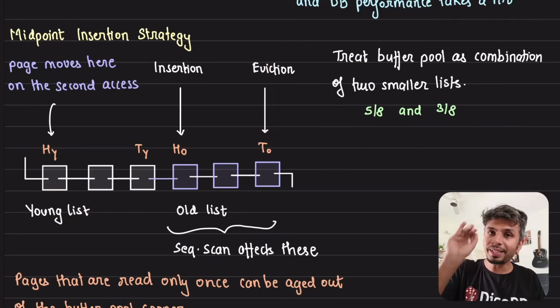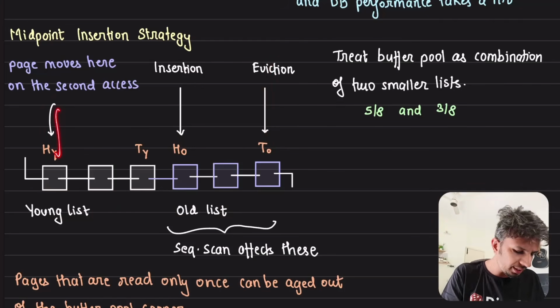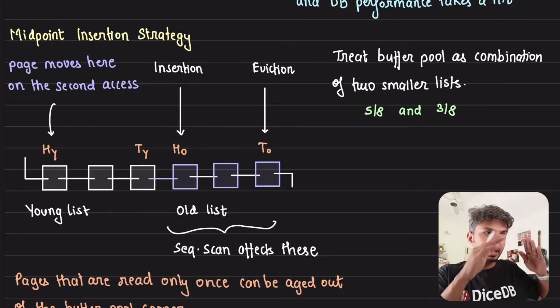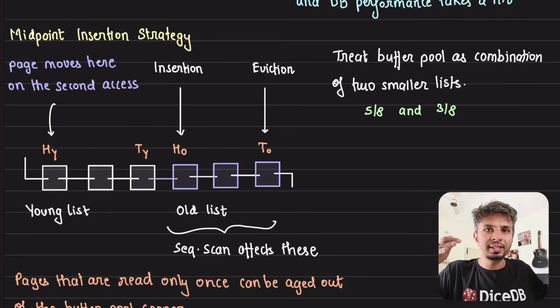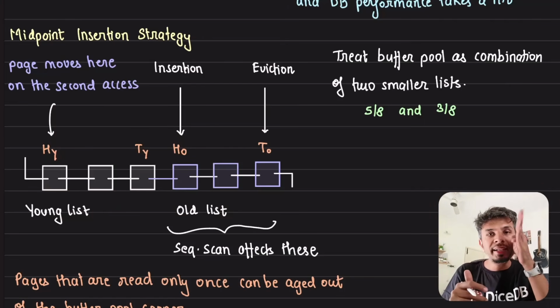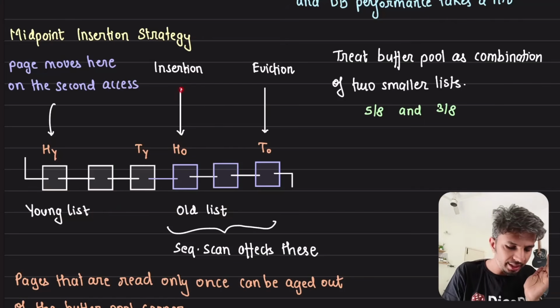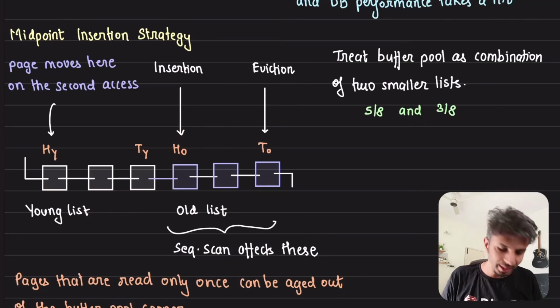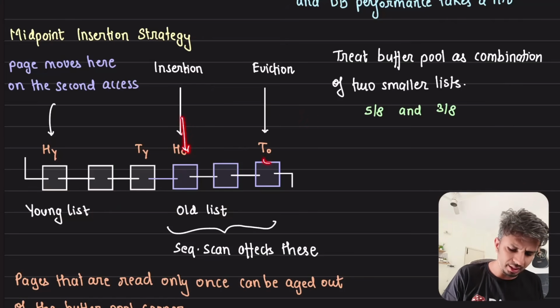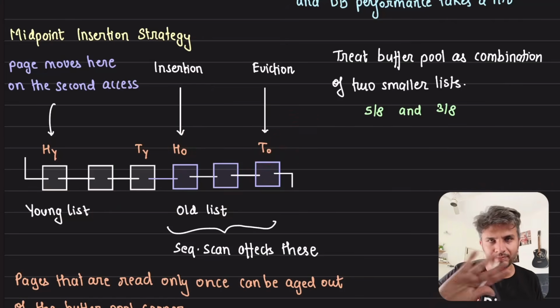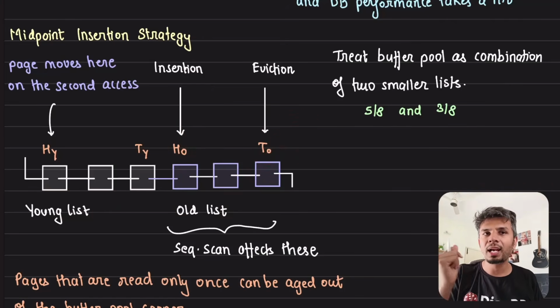Now, when you're inserting, instead of inserting at the head of the young list, which is the head of the entire doubly linked list, you insert it at the head of the old list, which is here. So insertion happens over here and eviction happens from here. All good? Nice. Now, how does this help?